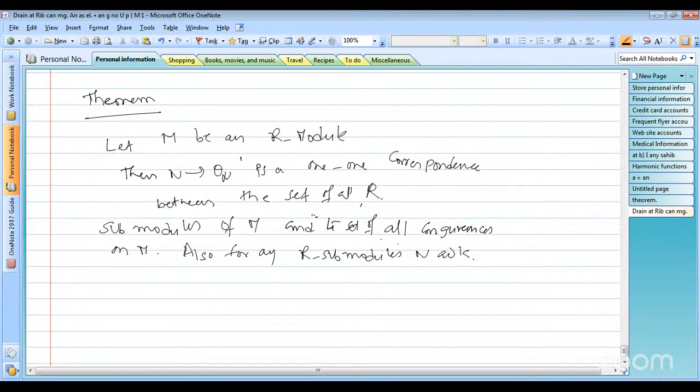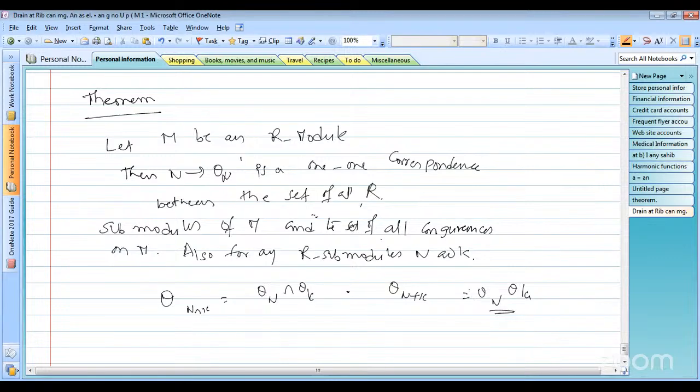So therefore, let M be an R module, then the map n to theta n is a one-to-one correspondence between the set of submodules and the set of congruences of M, such that for any R submodules n and k, theta n intersection k is equal to theta n intersection theta k, and theta n plus k is equal to theta n circle theta k, we are taking here.